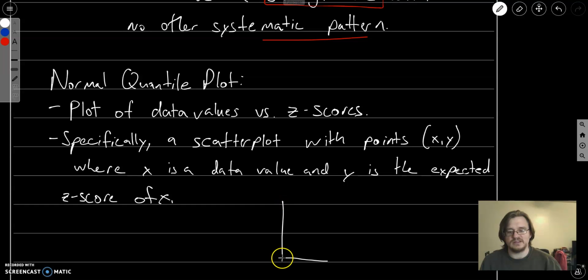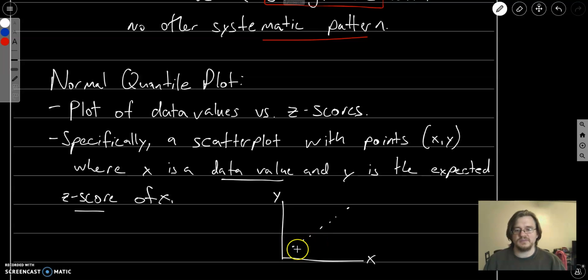So we imagine that we've got a bunch of points, and each point (x, y), so along the x-axis, this is going to be the data value itself. And then along the y-axis, the height is going to be the expected z-score of x. So in a normal distribution, we expect there to be a straight line here, because the data values and the z-scores should correspond exactly to one another.